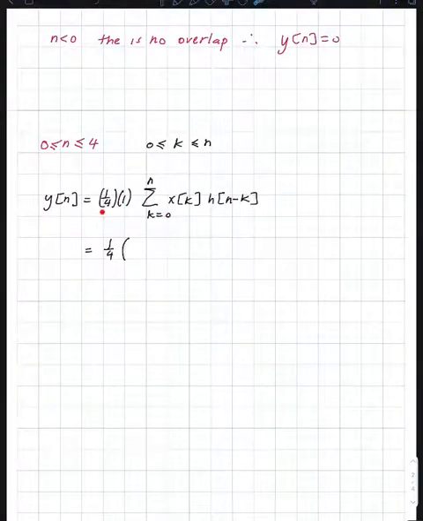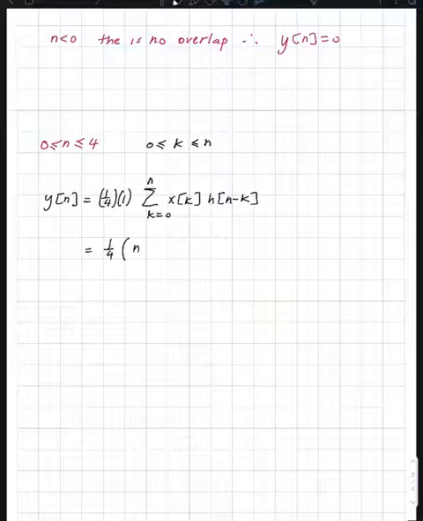So the output is the amplitude of x[k] multiplied by the amplitude of h[n minus k], and the summation of x[k] times h[n minus k] when k goes from 0 to n.